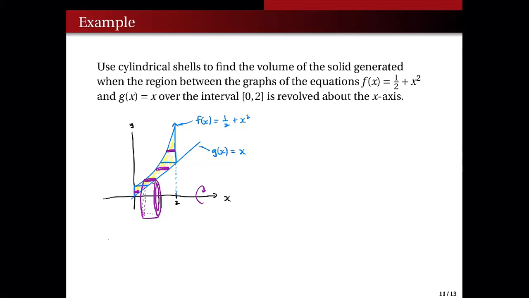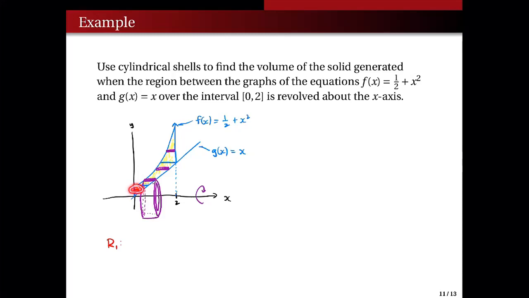Let's look at region 1. Let me label that as R sub 1. So, for the R sub 1, this will be the height. It's so thin, it's not really tall, but this is the height here. I hope you saw that guy.